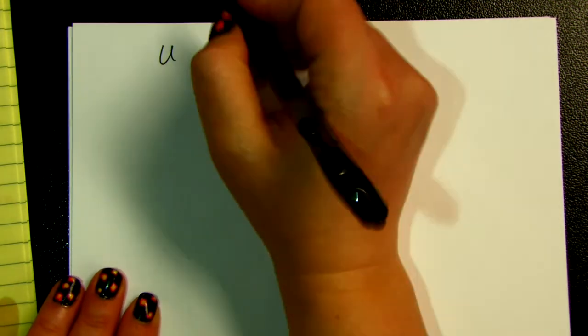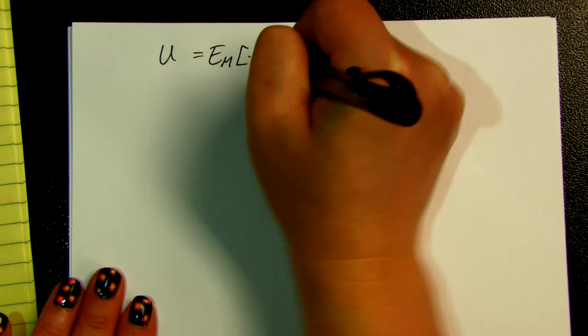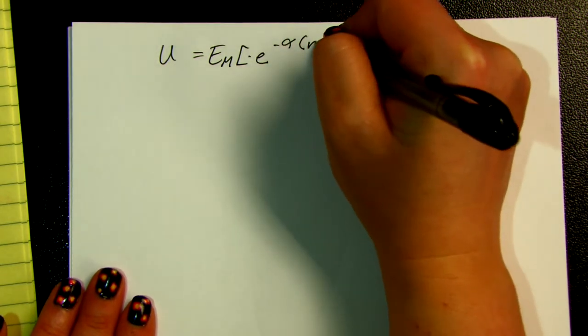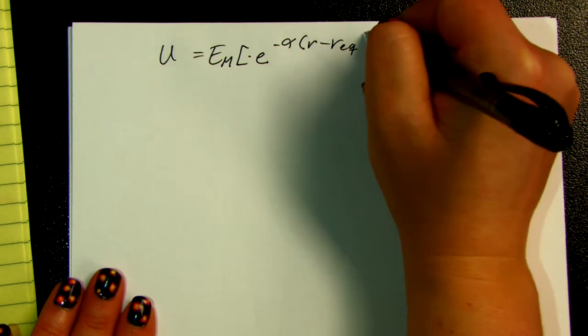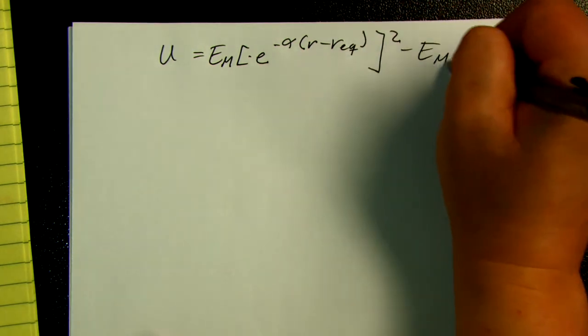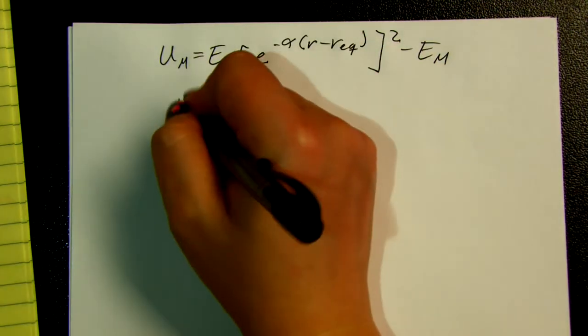So the potential energy is equal to EM times the quantity one minus E to the minus alpha, which is a scaling constant, times R minus REQ, quantity squared, minus EM. And this is actually U sub n because it's called the Morse potential.